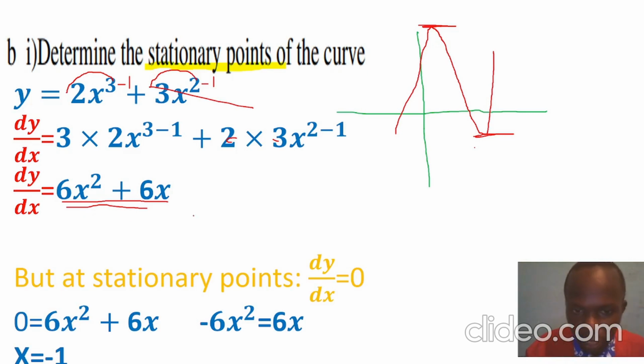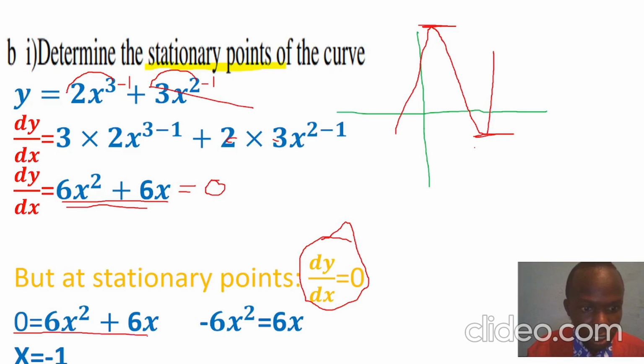But remember what I've just said, the gradient function at a stationary point is equal to 0. So we are going to equate that with 0.